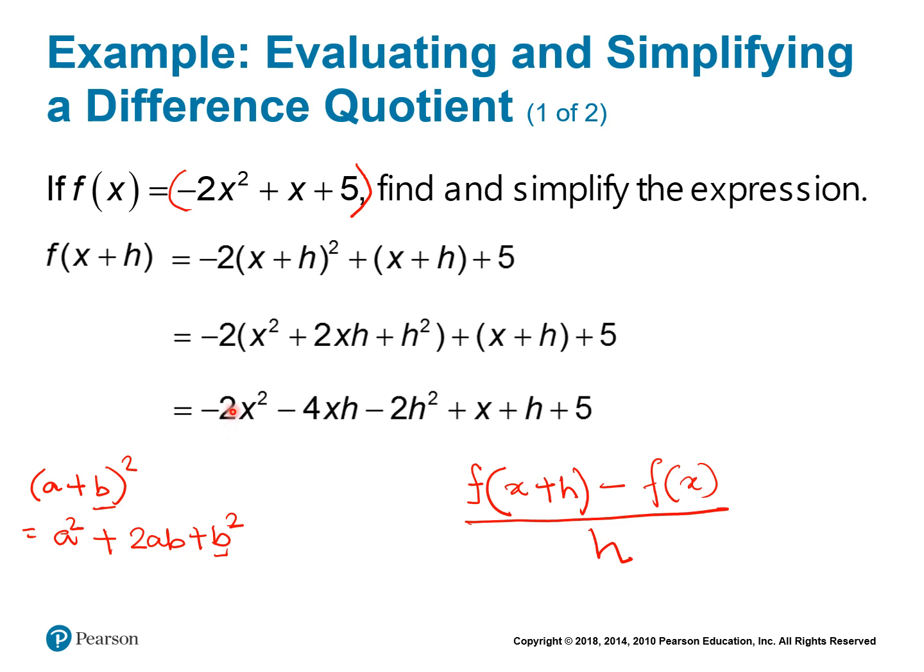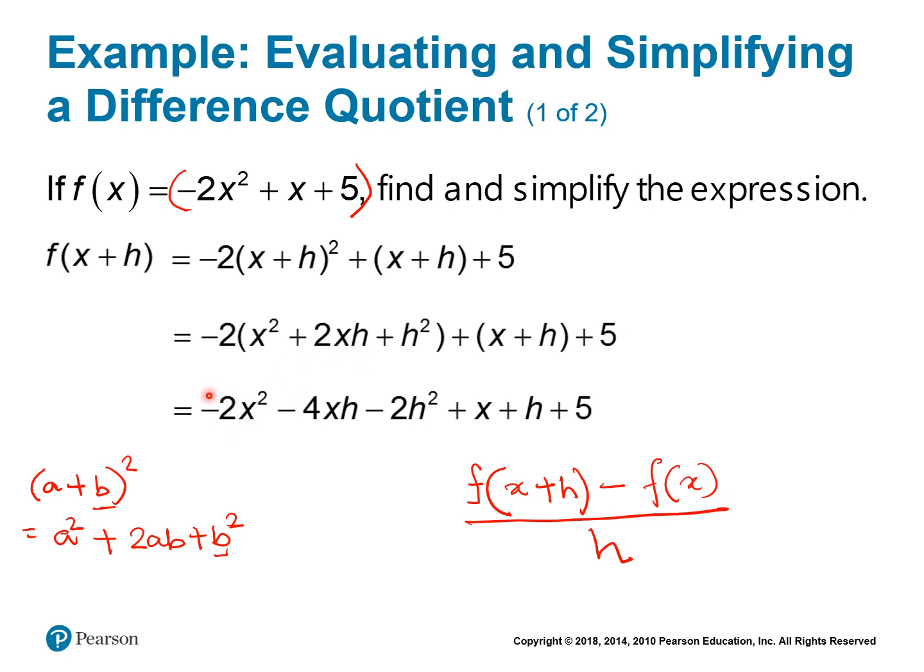In this expression, can we combine anything? We have minus 2x squared, and we don't have anything else to combine that with. We have minus 4xh, minus 2h squared, plus x plus h. We cannot combine anything here. This cannot be simplified any further.